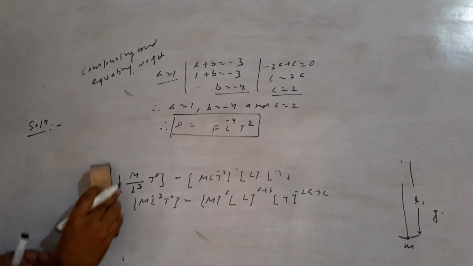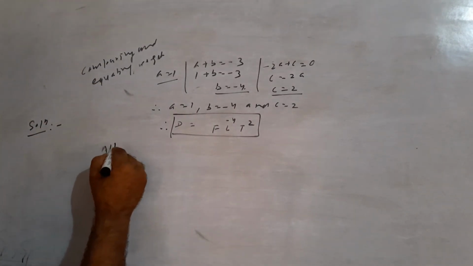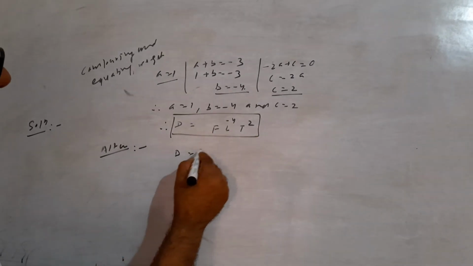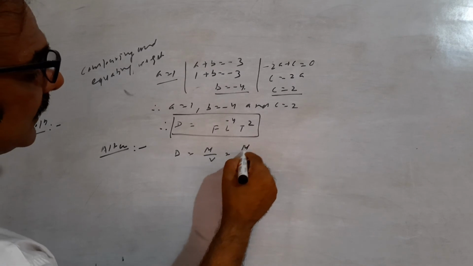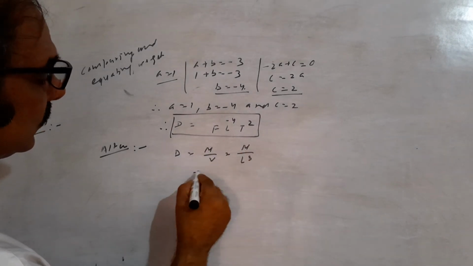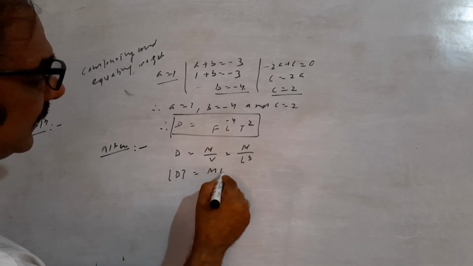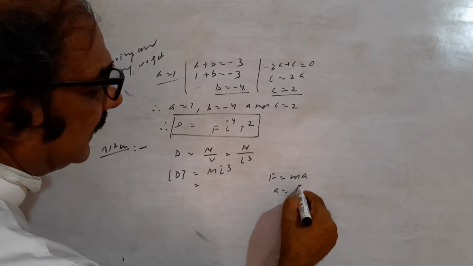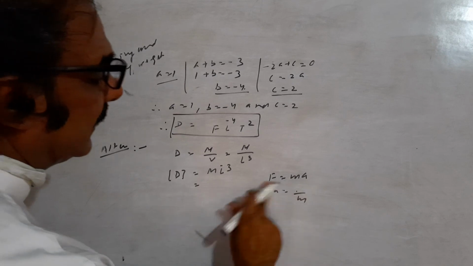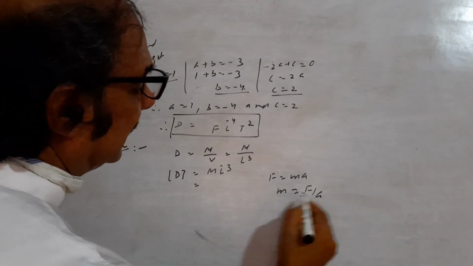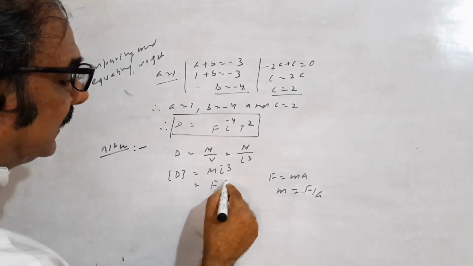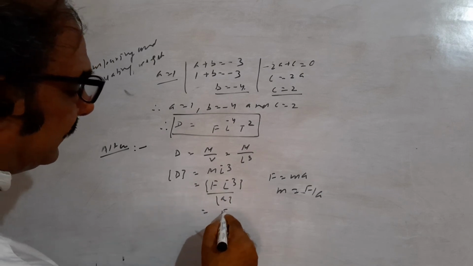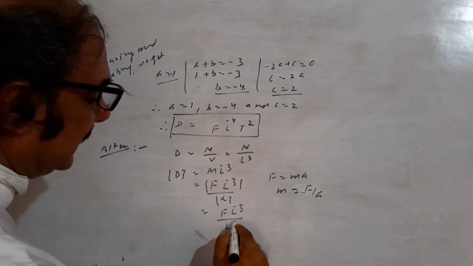Now the second method, an alternative. Density equal to mass by volume, mass by L cube, so density is m L minus 3, and here force is equal to mass into acceleration, so m equal to F by a, so m equal to F by a, with acceleration L T minus 2.